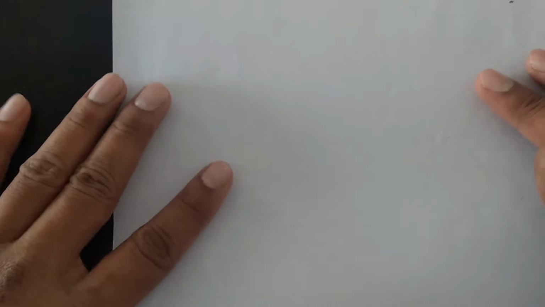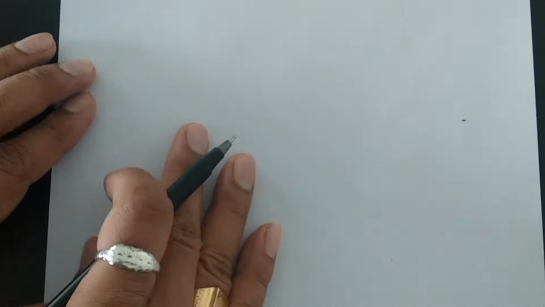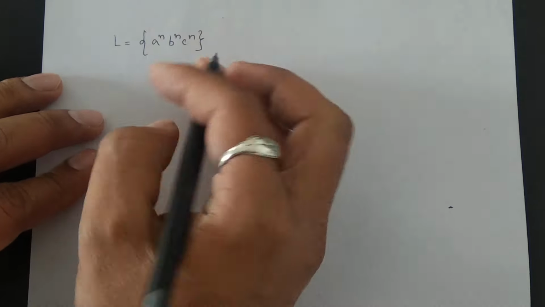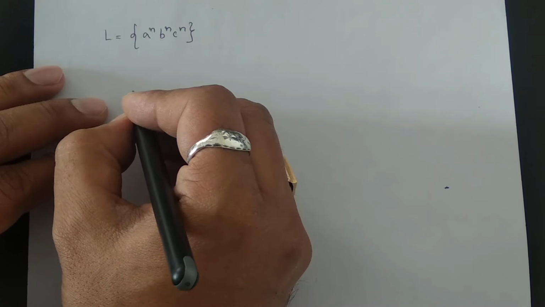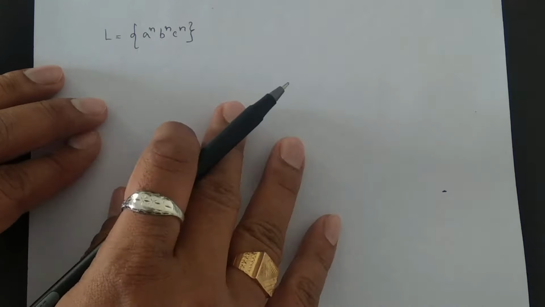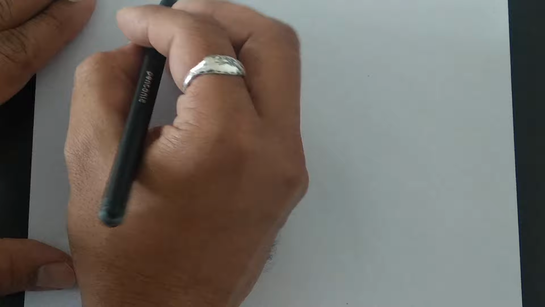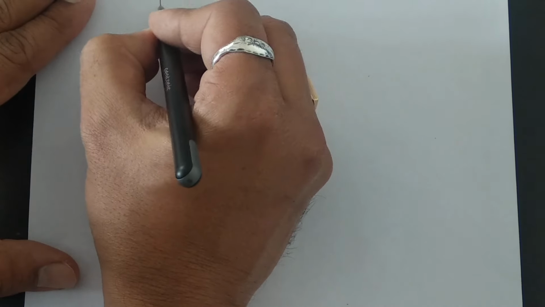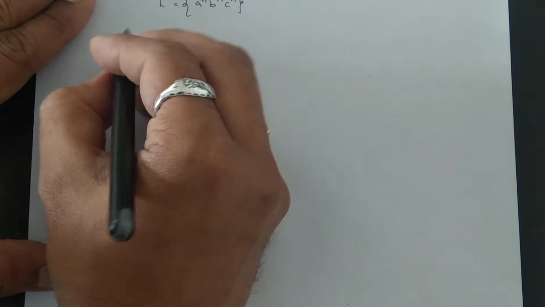Okay, so I have this page and I will draw the two-stack PDA. What is the language given to you? The language given to you is L equals a^n b^n c^n. Now if I take the input tape, suppose the language given to you is a^n b^n c^n, so the input tape will be like this.